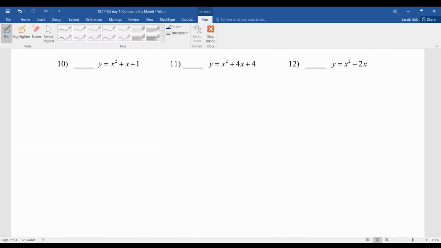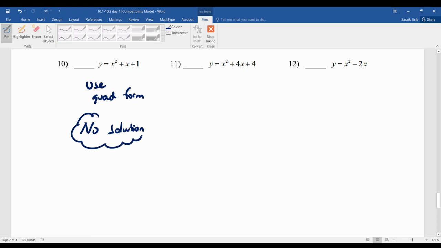This one here doesn't factor, okay? There's no way you can do factor pairs of 1 that'll give you 1. You can use the quadratic formula. You will end up, I'm not going to show it here, with no solution because you end up with the square root of a negative number, which is impossible.